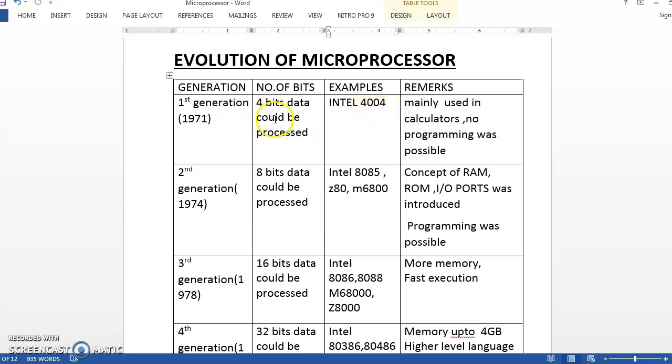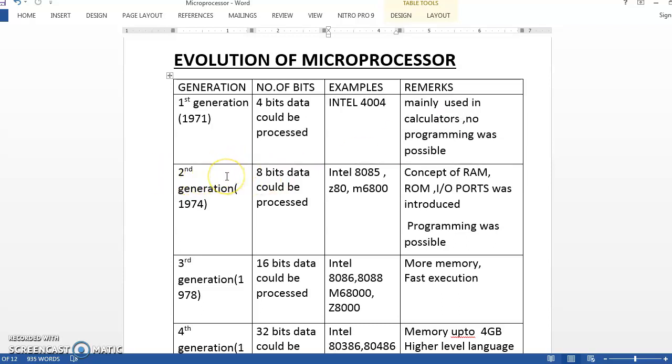When you say 4-bit, that means it can process 4 bits of data at a time. Basically, the features were that they were used in calculators. Actually, no programming was possible. You could just do arithmetic calculations with the help of these microprocessors.